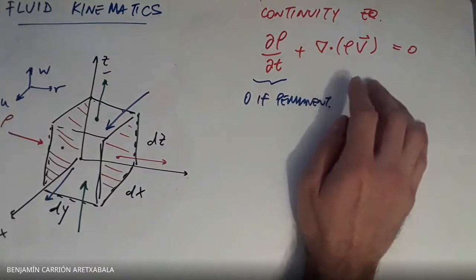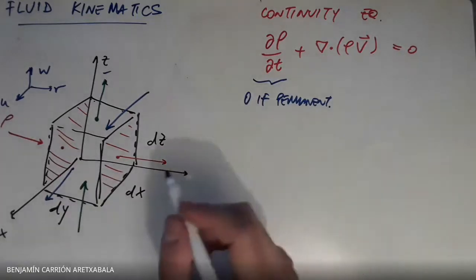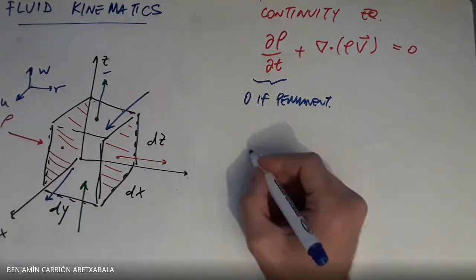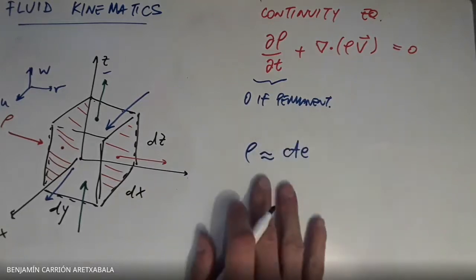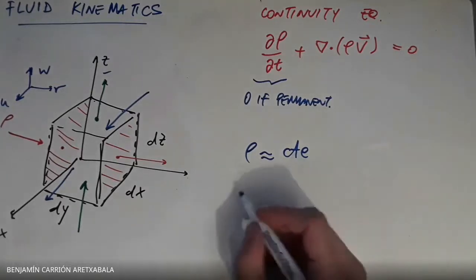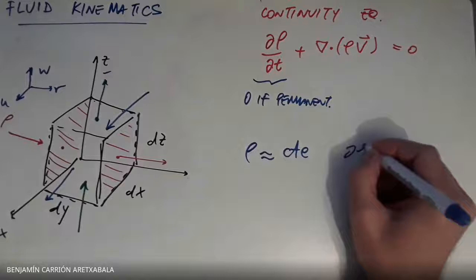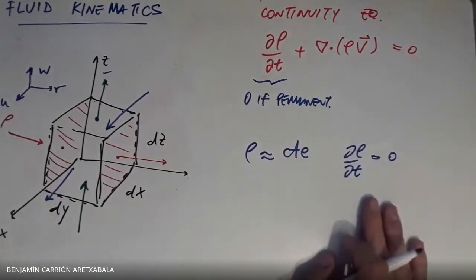Also realize that if you have an incompressible fluid, then rho is pretty much constant in time and also in space. So if you have an incompressible fluid, then the derivative of rho with respect to t is also zero, even if we have unsteady flow, right?